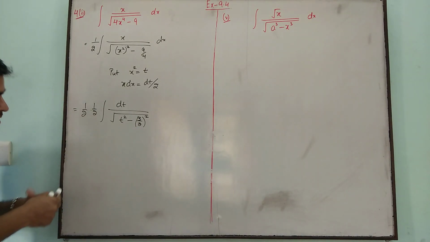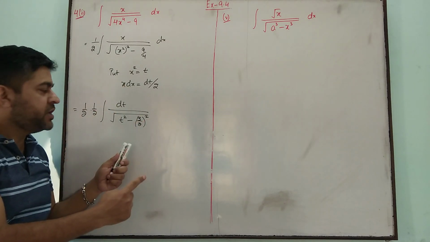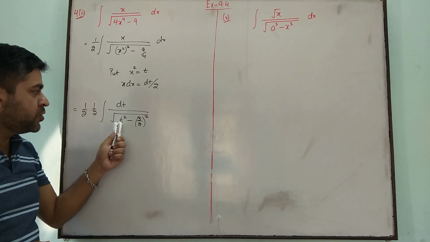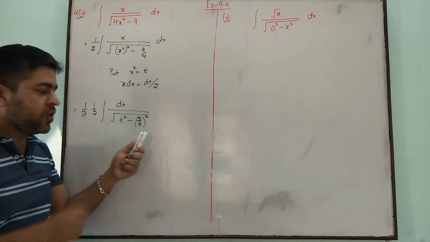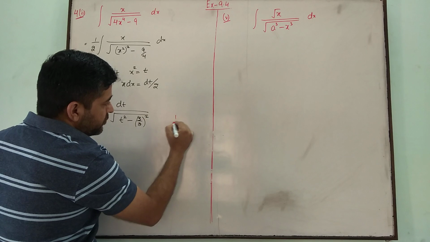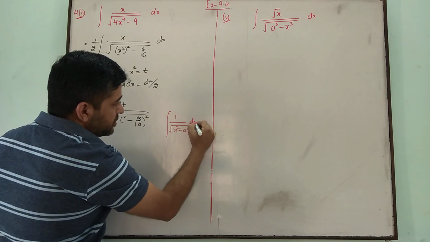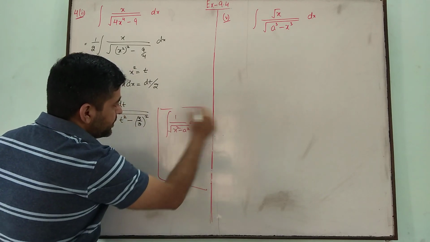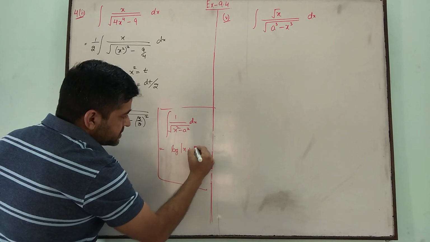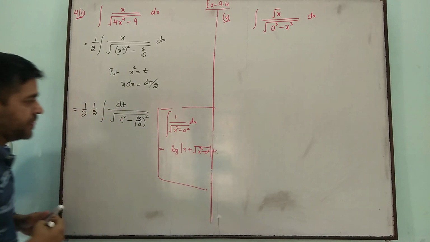So 1 upon the square root of x square minus a square. Which formula is it? In the under-root formulas, first 3 formulas are without under root, then the next 3 are with under root. In under root, your first formula was 1 upon the square root of a square minus x square, which was sine inverse, right? Now here is the next formula. 1 upon the square root of x square minus a square: the formula for this will be log of x plus the square root of x square minus a square, plus c.